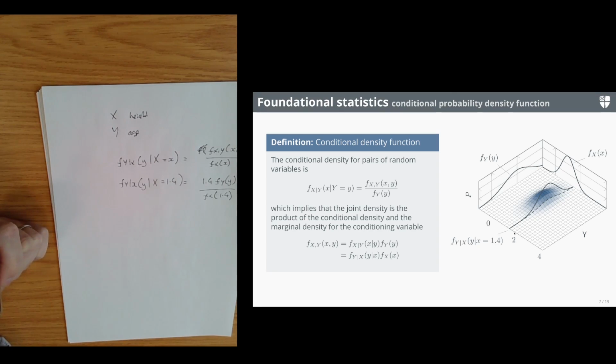In this example, the most likely age, or the mode, is about 10 years old. So if someone is 1.4 meters, they're most likely to be about 10 years old. And if you queried the resulting distribution at 20 years of age, the probability would be near zero, as very few 20-year-olds are that short.